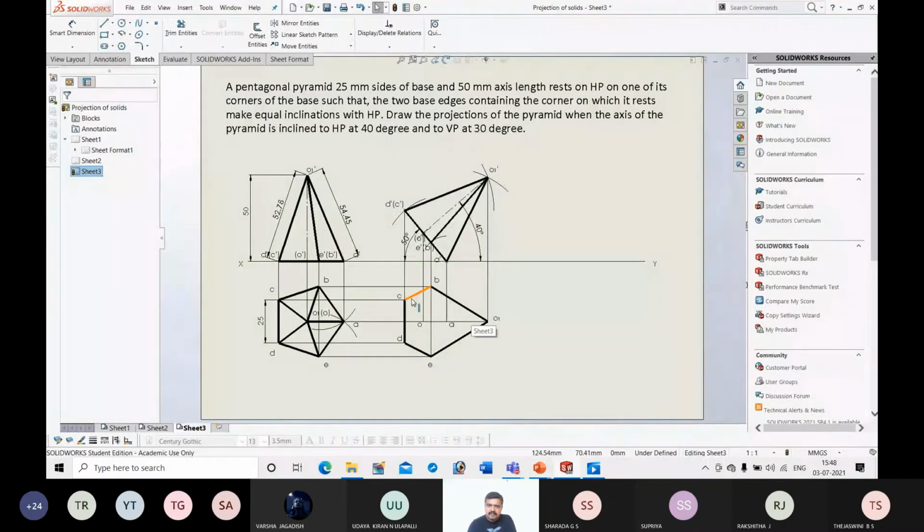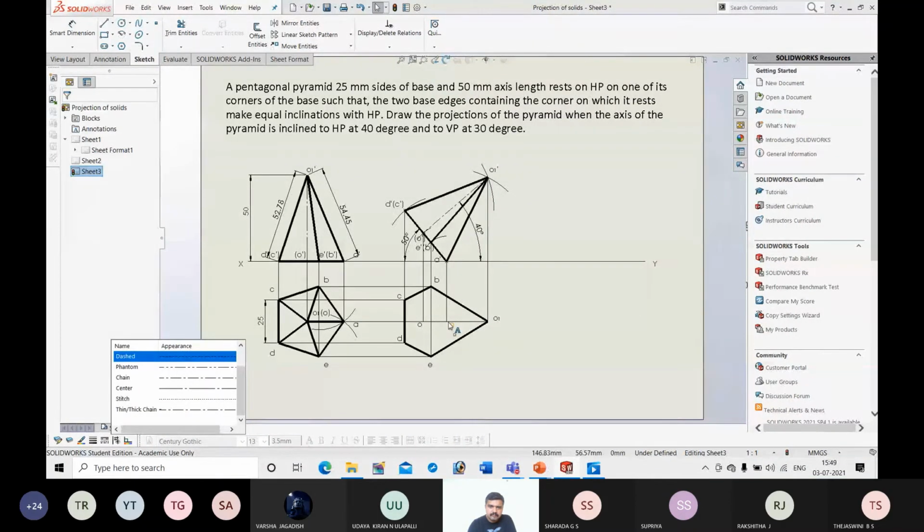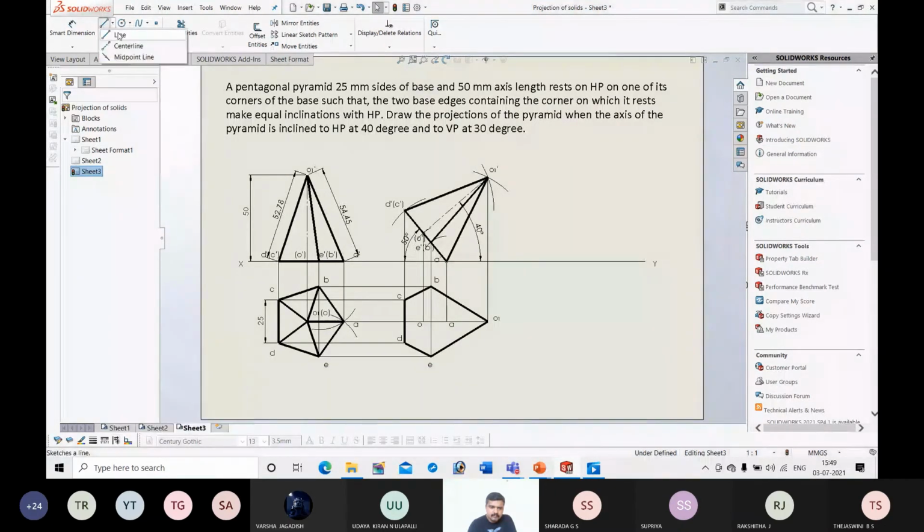Next, since apex is nearer and base is farther to the observer, base will become invisible. So now A to B I will connect using a dashed line, and also I will increase the thickness.